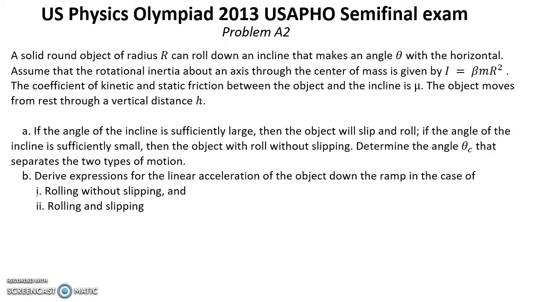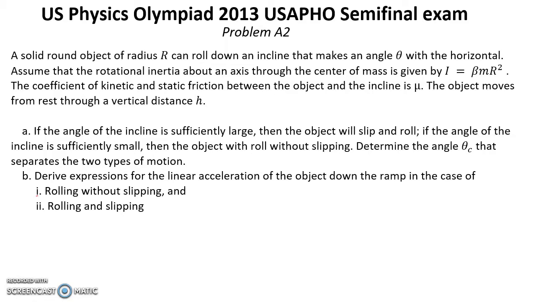Assume that the rotational inertia about an axis through the center of mass is given by the formula I equal beta m r squared. The coefficient of kinetic and static friction between the object and the incline is mu. The object moves from rest through a vertical distance h.